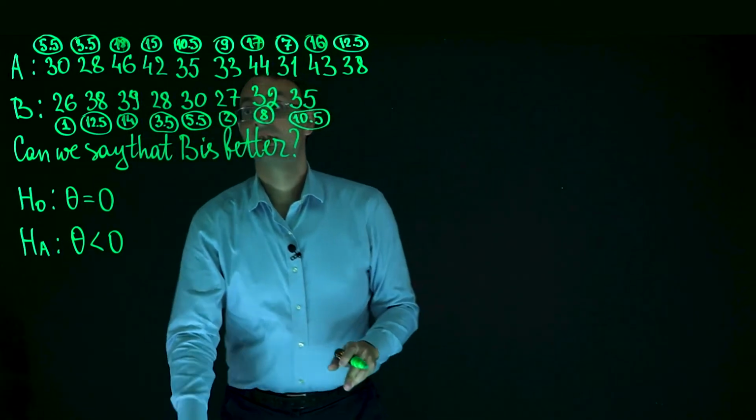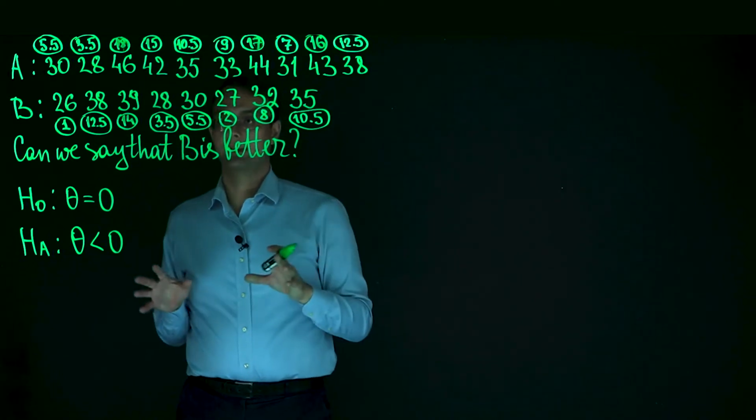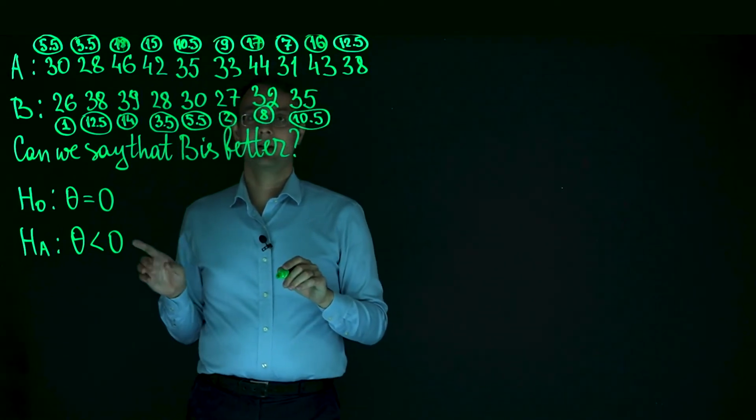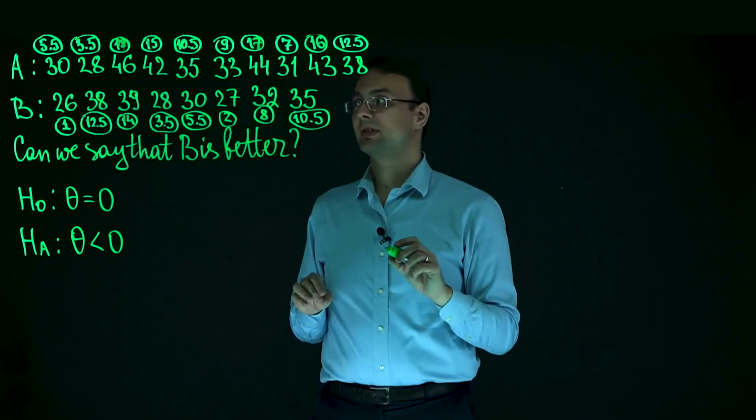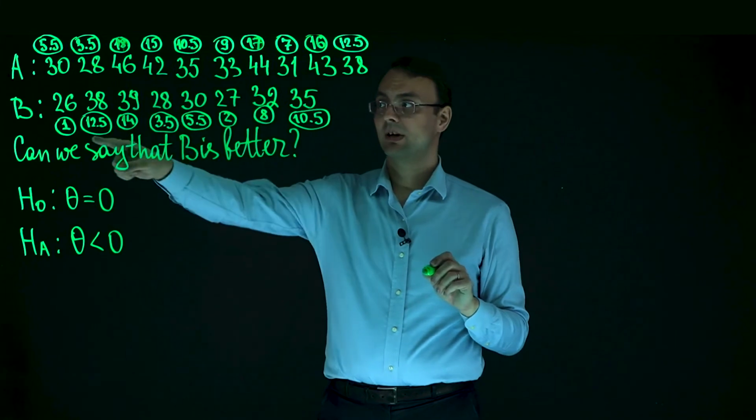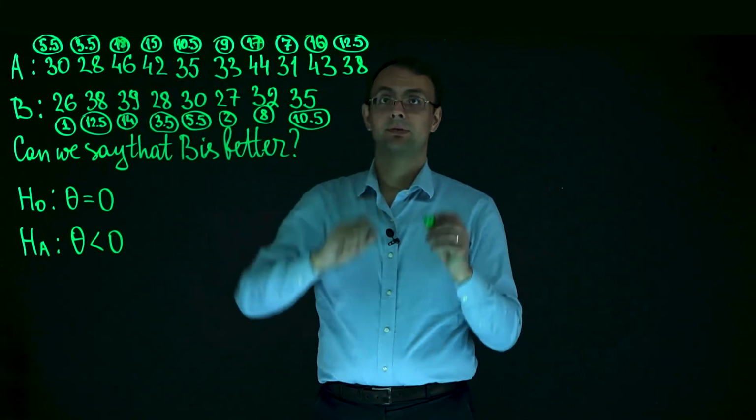So this is the ranking. And now we are to find the W statistic, the sum of ranks of the elements of the second sample. So we are to add these numbers.